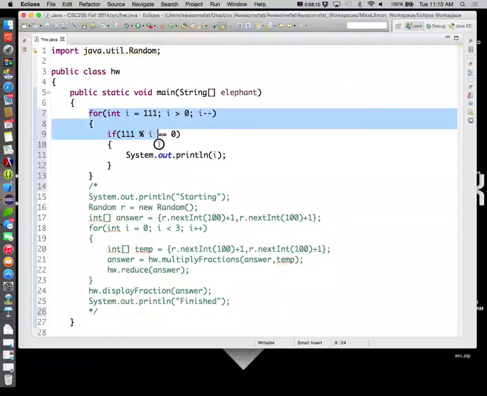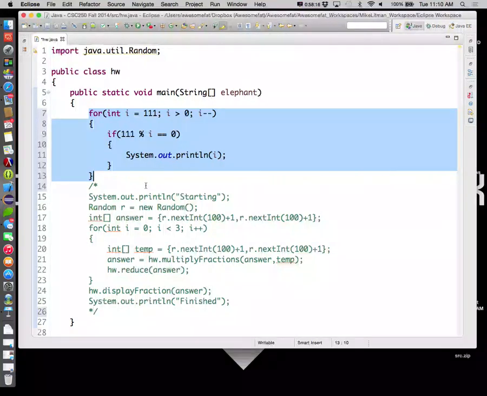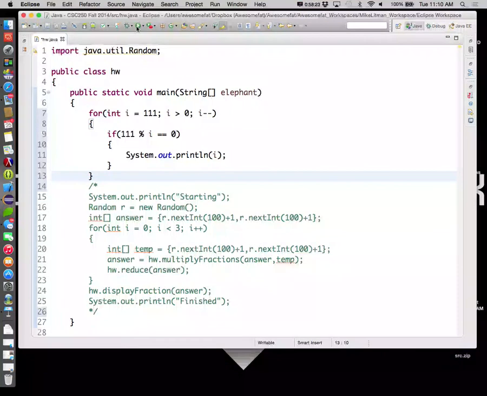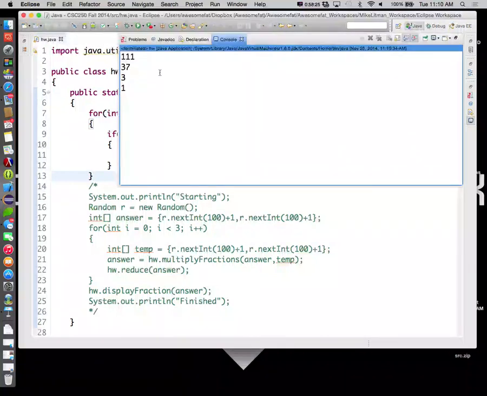So it's going to start at 111. It's going to print out every single value between 1 and 111 that evenly divides 111. That's what this code right here does. So we can see it as a list. So we have 111, we have 37, we have 3, we have 1.